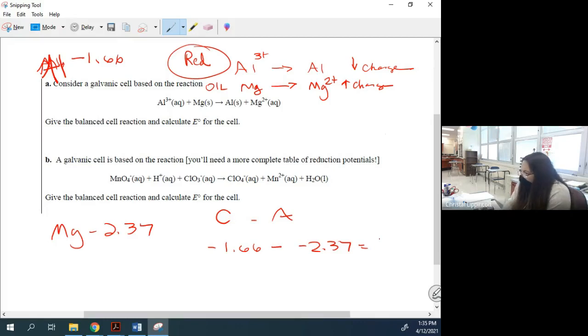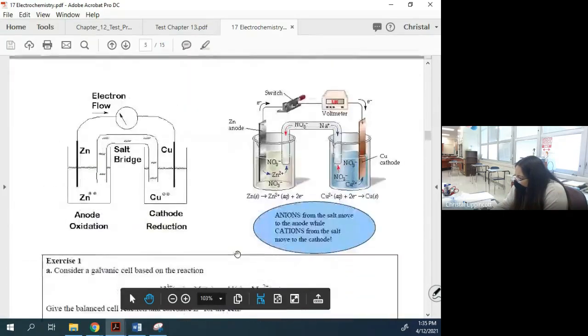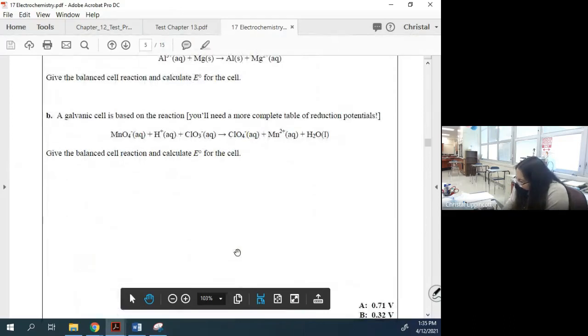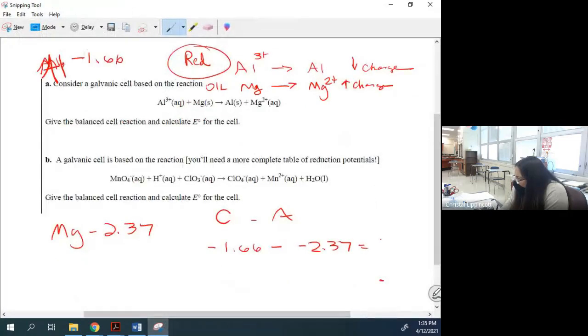And I get 0.71, and I'm hoping that's what she got. Good, I did good, okay. So that equals 0.71 volts, and that would be my potential for this reaction. See how I got that? Cathode minus anode, cathode minus anode, cathode minus anode.